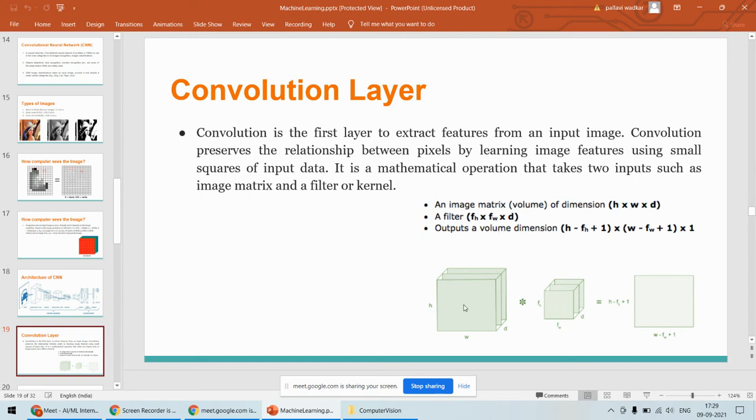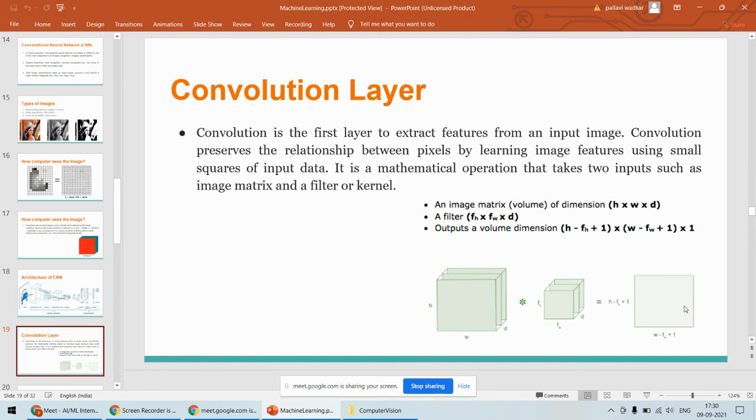This is the image matrix, the big one, having height h, width w, and d as its depth. And this is the filter matrix having height fh, width fw, and depth. The convolution happens between this filter and the image matrix, and finally we get the resultant matrix with dimensions h minus fh plus 1 and w minus fw plus 1.